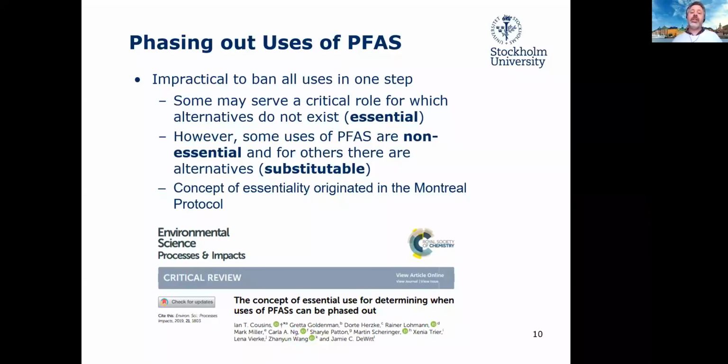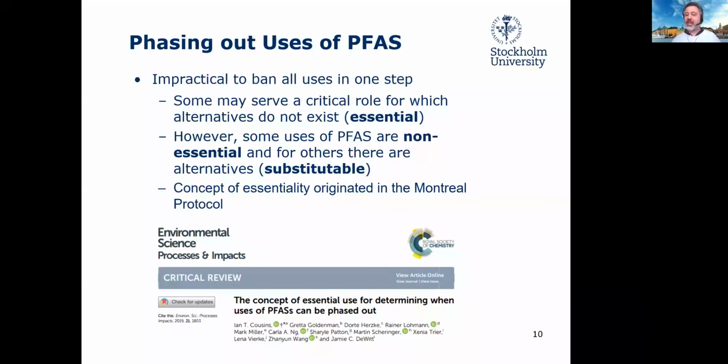So we heard about the EU efforts to phase out the uses of PFAS in society. And we have been thinking about this for some time. And we realized that because PFAS are actually used so widely in society, it's impractical to phase out all of their uses in one step, because some uses probably do have an essential function in society, whereas other uses may be non-essential.